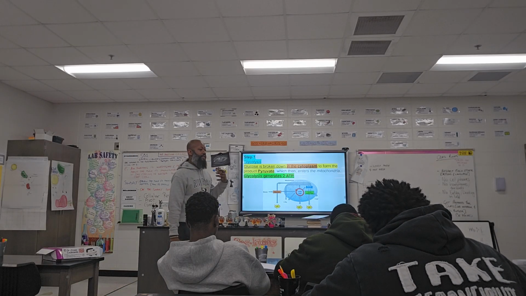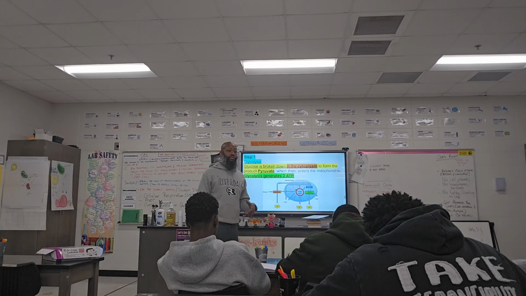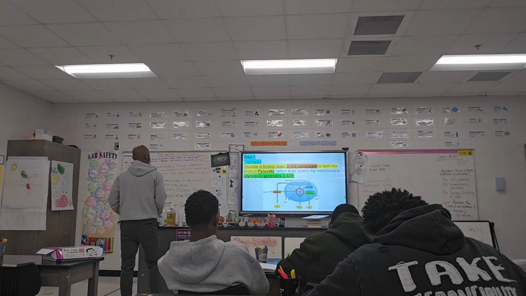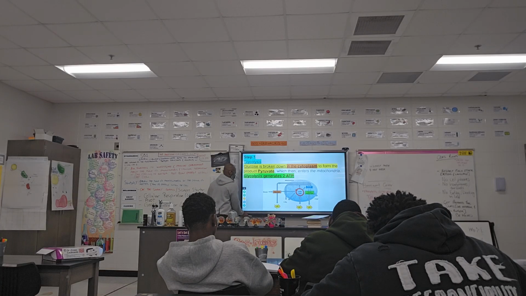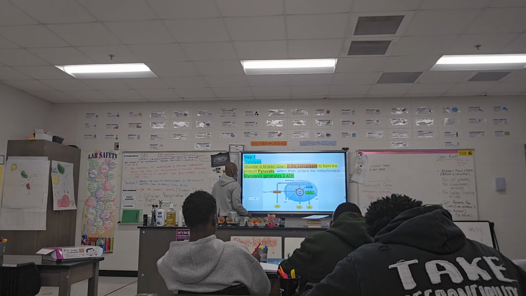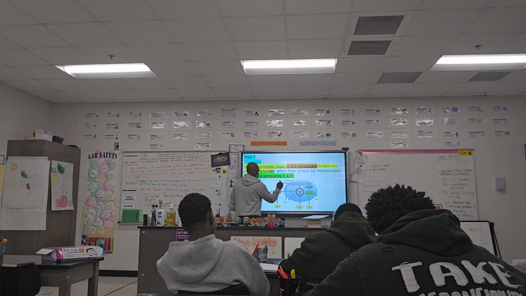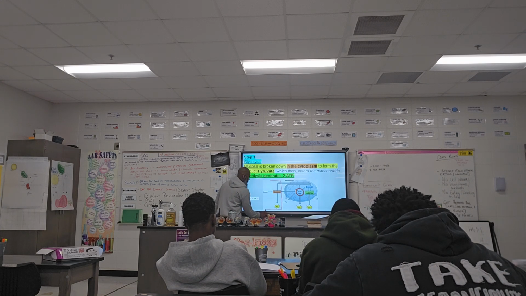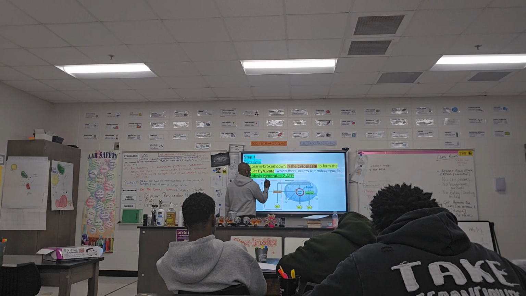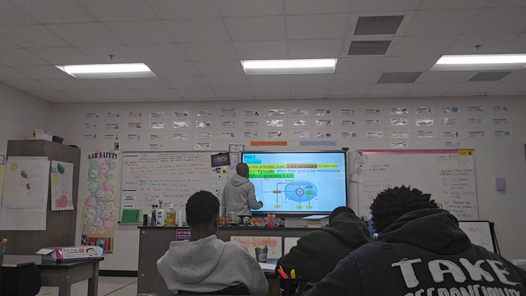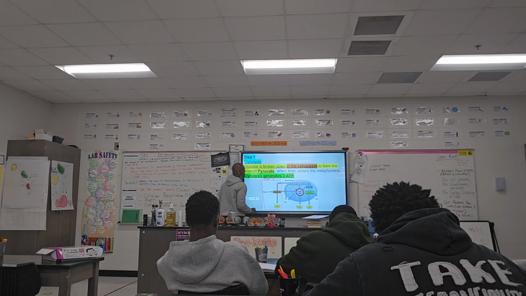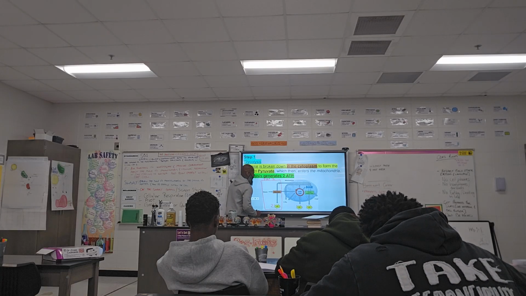This step, glycolysis, produces 2 ATP. So if you want to also add this as we go through to help. Step 1. And again, 2 ATP.